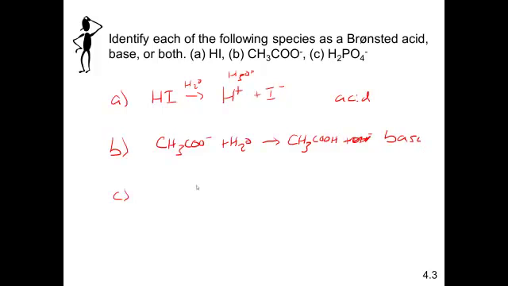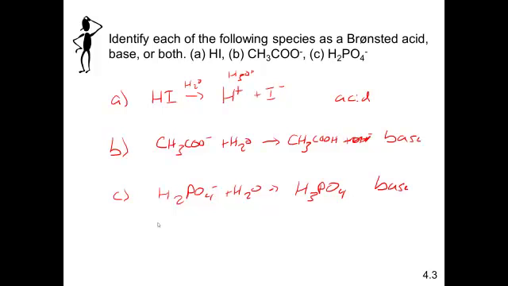And then lastly, C, we have H2PO4-. Just like we had in this example, because we have a negative ion, an anion, it can accept a hydrogen. So this can become H3PO4. And what did this H2PO4- do? It accepted a proton, which means it's basic.